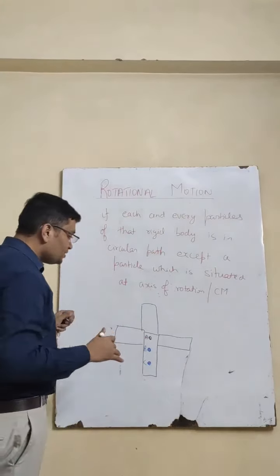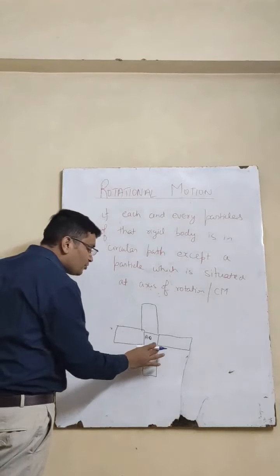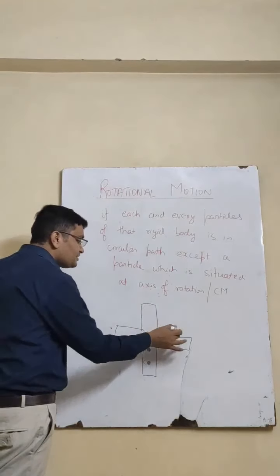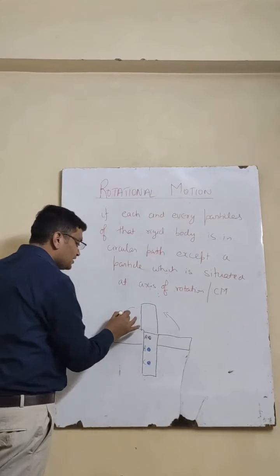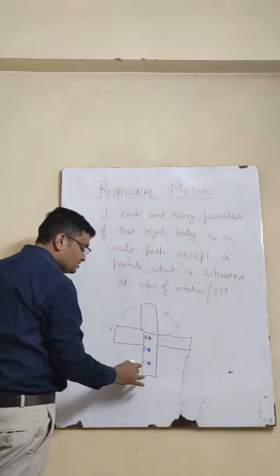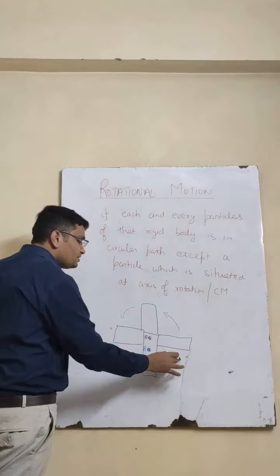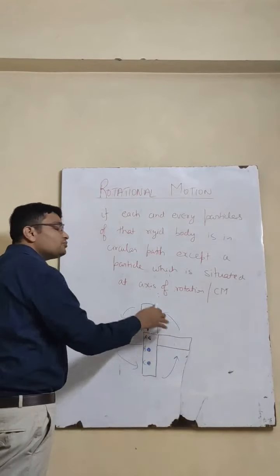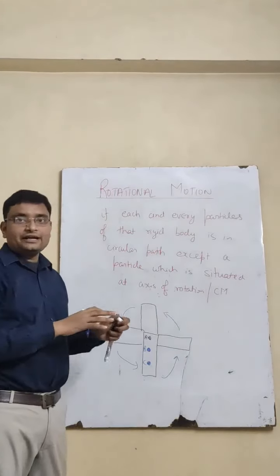Now when I apply the force, the body starts rotating like this, moves again, and then comes back to its initial position. It moves in a rotational or circular motion until I stop applying the force.